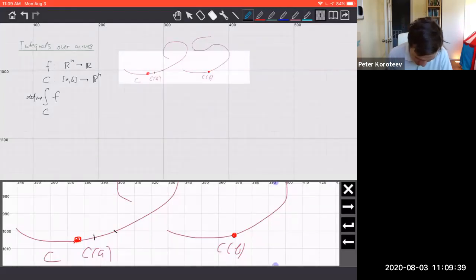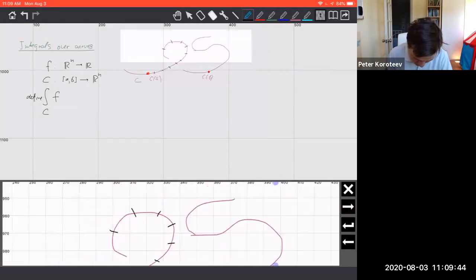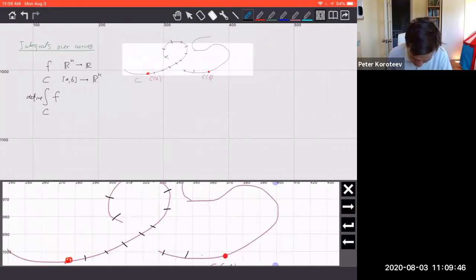If you take a partition of interval [a, b], the image of this partition will be a partition of the corresponding arc of the curve.